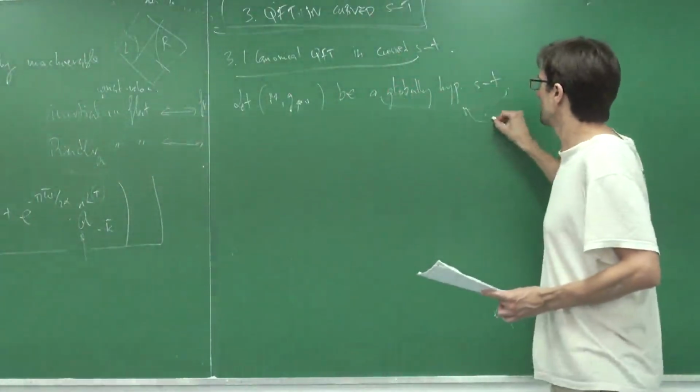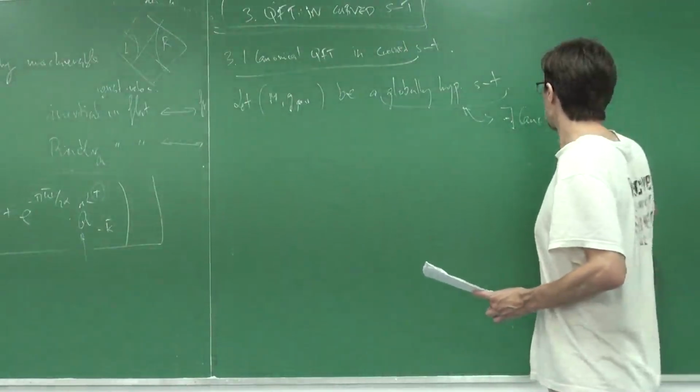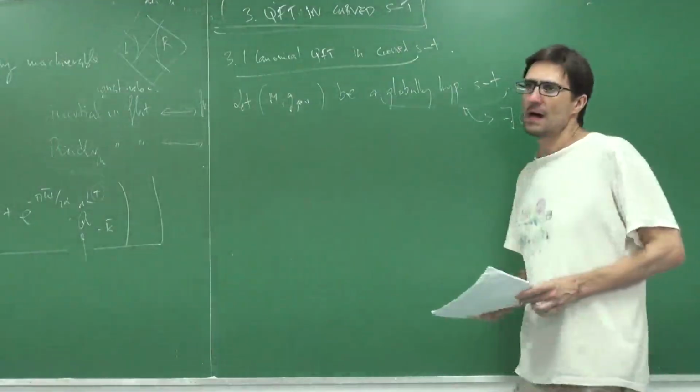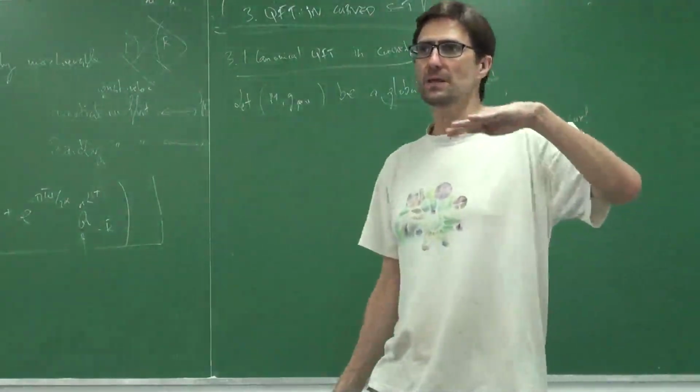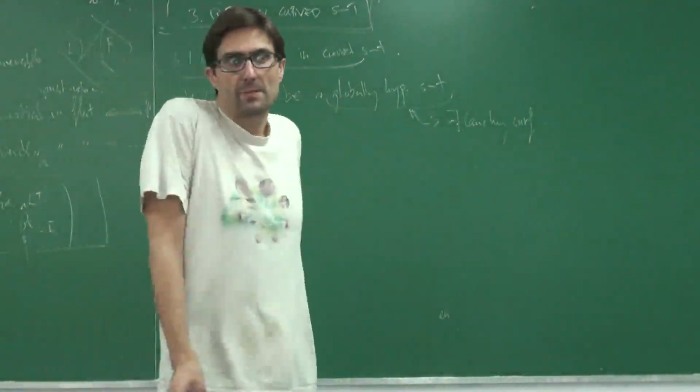This means that there exists a Cauchy surface, and it can be proven. It also means that you can foliate your spacetime based on some parameter t.